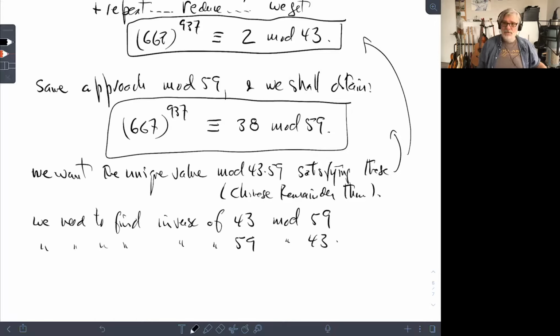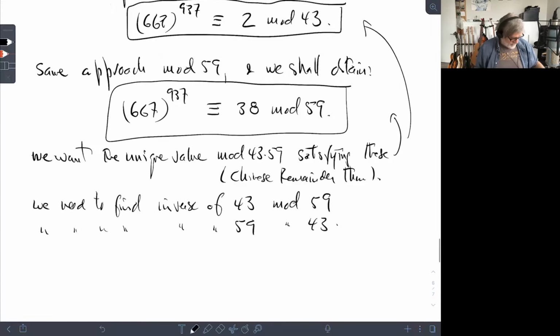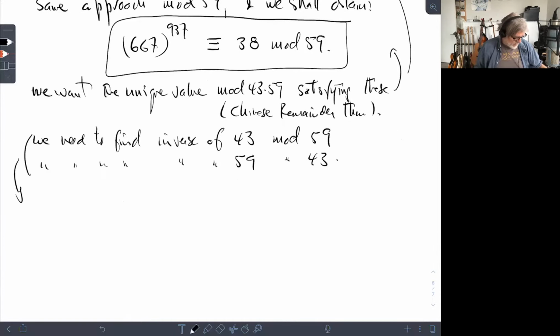We need both. It looks like we might have to do two computations, but actually we just need one. All you need is to find those A and B that give you a linear combination equal to one, and then you'll have both inverses at the same time. So this is just a single computation.